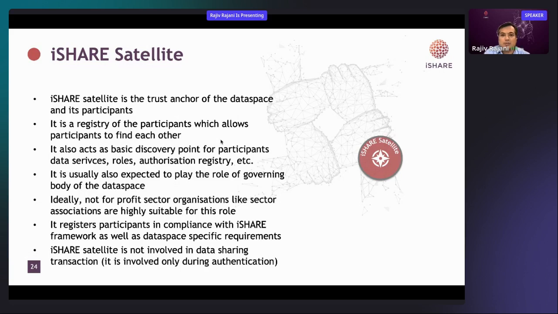So satellite is not the party in between that exchange. It is only involved in the initial authentication part. So when party A connects to party B, and you want to verify if party A is known and registered in the network, at that time you check with the satellite that this party is known in the network. But once that is done, you don't go back to satellite, and the actual data exchange happens between party A and B, right?